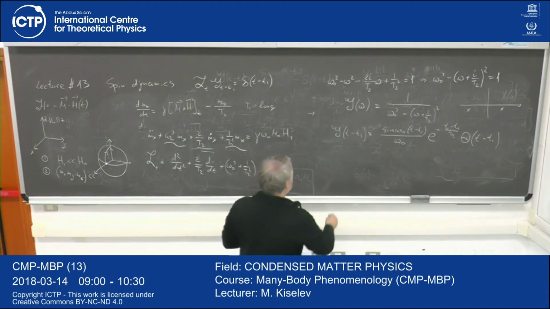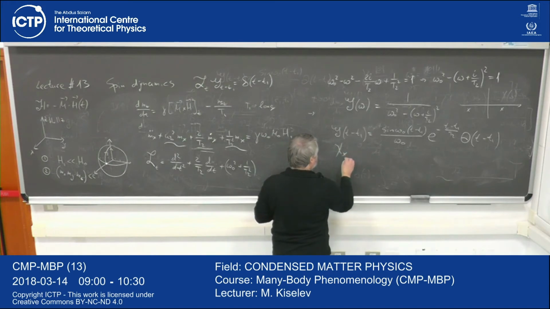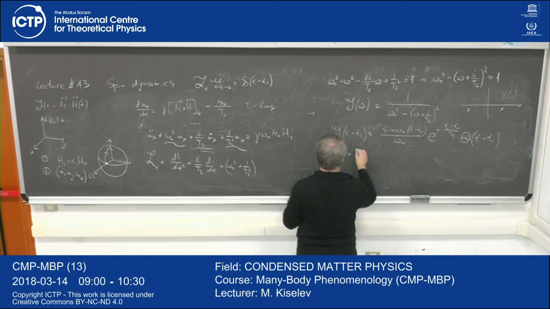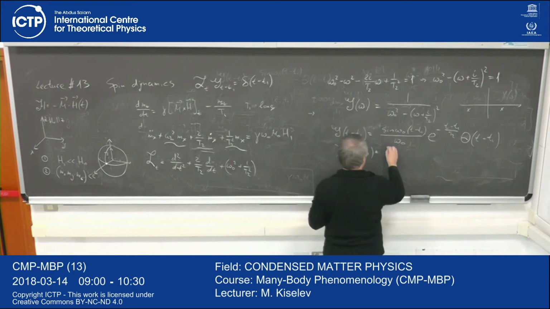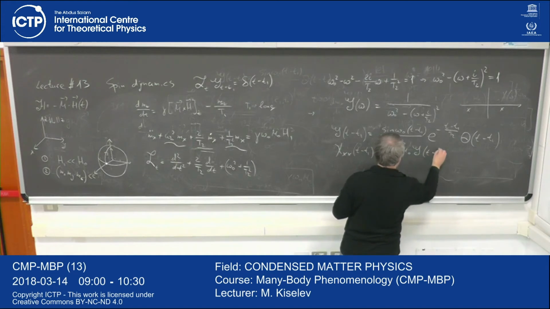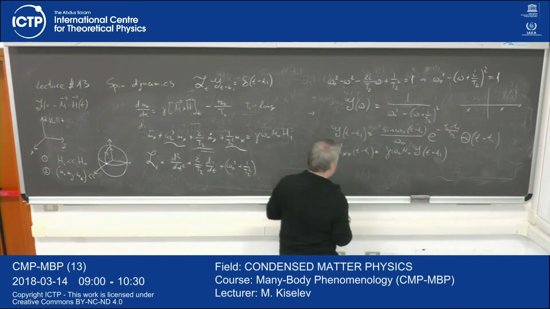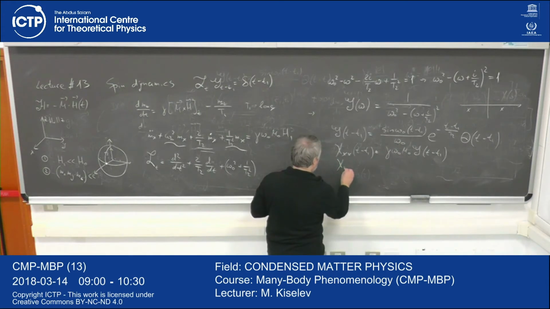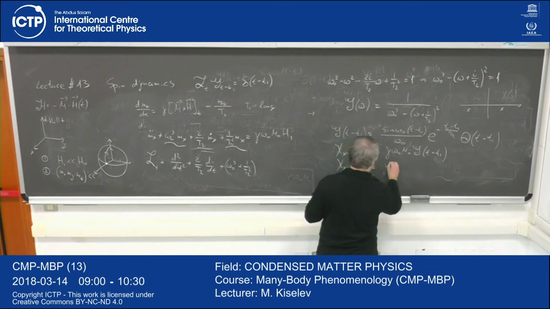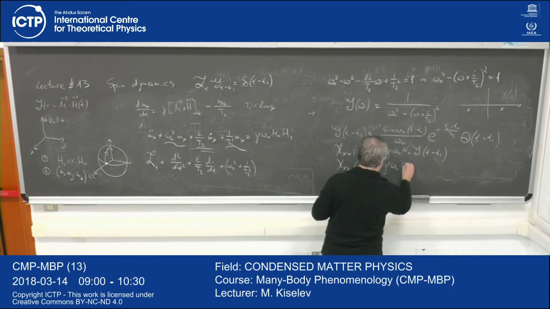Again, my spin susceptibility chi xx, by comparison with what I did before with the Green function g(t minus t1), is gamma omega node m node times g, and therefore chi xx(omega) is gamma omega node m node g(omega).